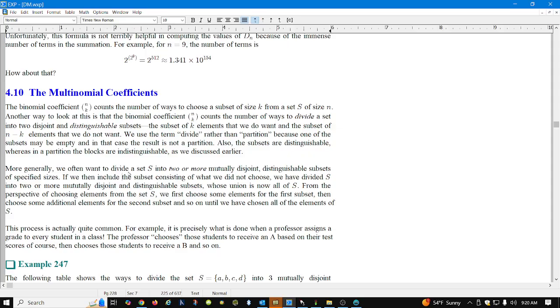Now, more generally, we might want to divide a set S into two or more mutually disjoint, distinguishable subsets of given sizes. So, for example, suppose we had 100 people and we wanted to choose 25 of them for some particular reason, and then we wanted to choose another 20 of them for another particular reason.